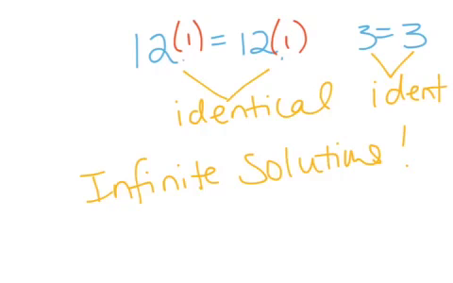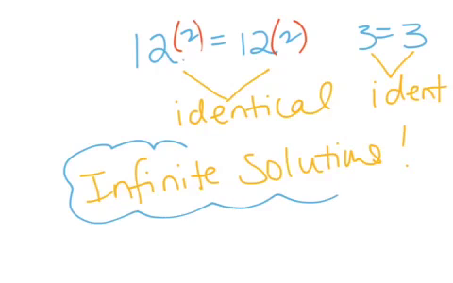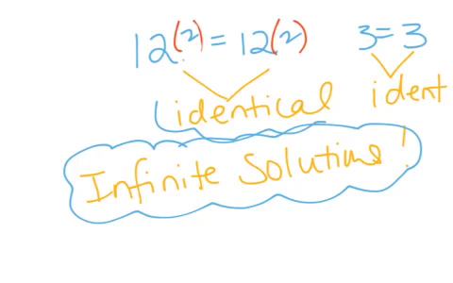Yes. If I substituted in 2 for x, 12 times 2 equals 12 times 2? Yes. I think you get the point. Any number, even if it's a decimal, even if it's a fraction, if you plug it in, it's going to be equal. So that's your infinite solutions. And you know it's an infinite solution when on both sides of the equal sign, they're identical.